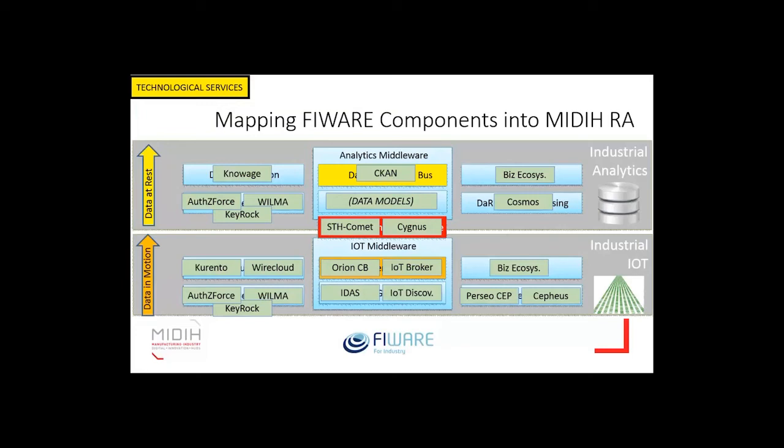This means the Orion context broker and NGSI as protocol. And so these are the mandatory components that you need to use and to juxtapose in your architecture in order to demonstrate that your application is powered by FIWARE.